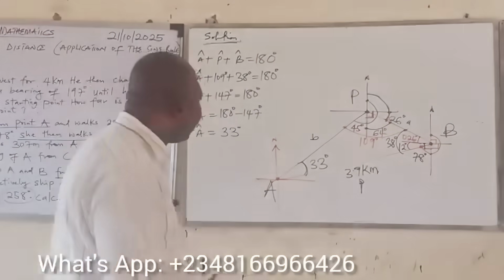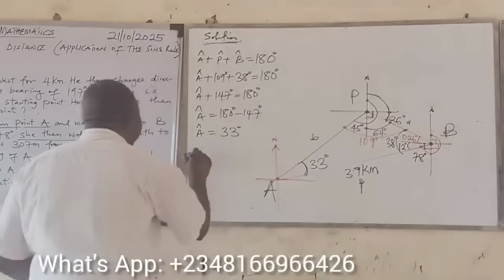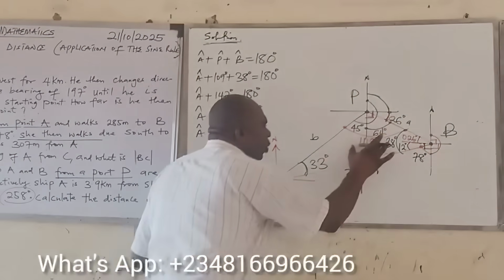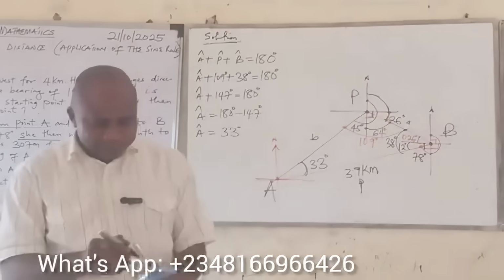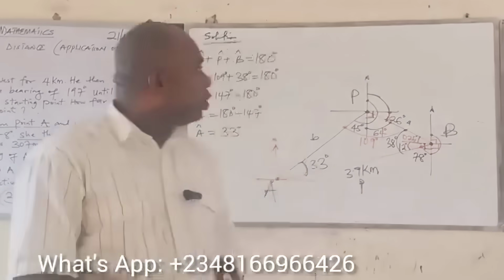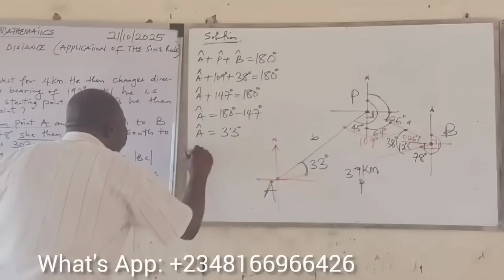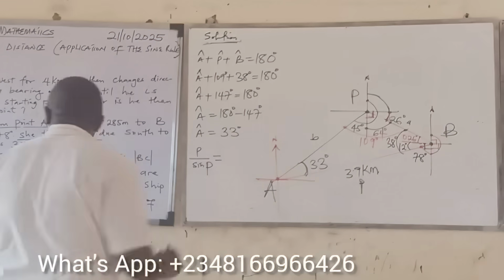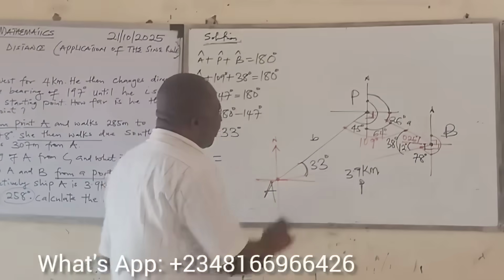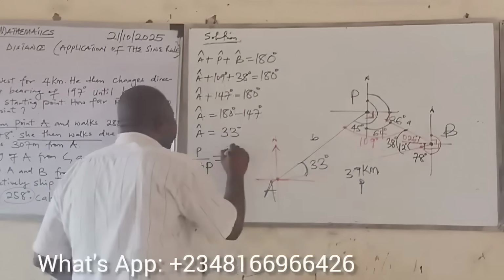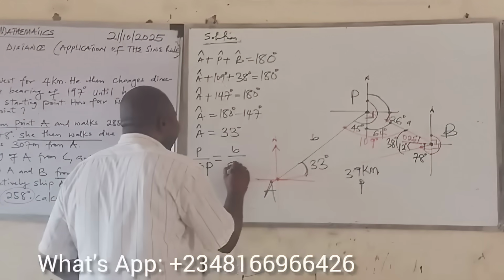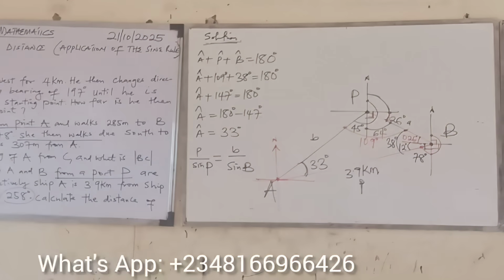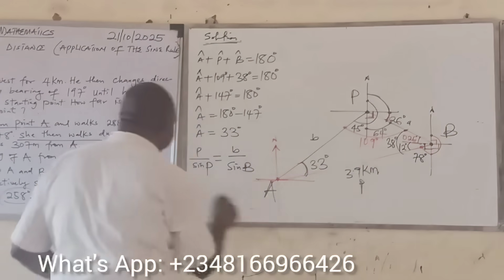So now let's look at this. We know the value of our small p and we know big P, so we can start from there. So we have p over sine big P will be equal to, remember we are looking for b, b over sine big B. So the value of our p is 3.9.